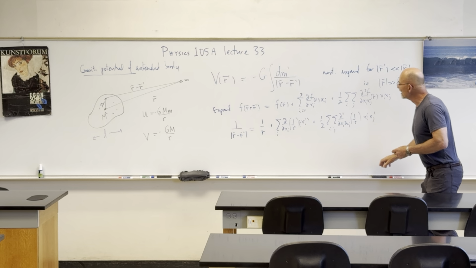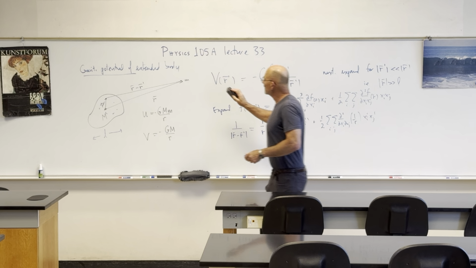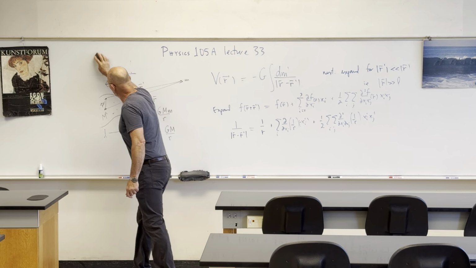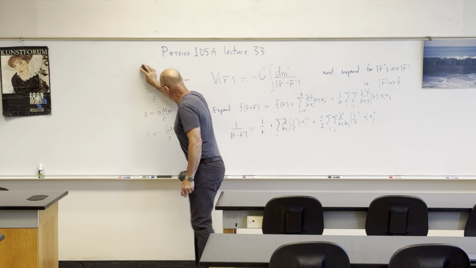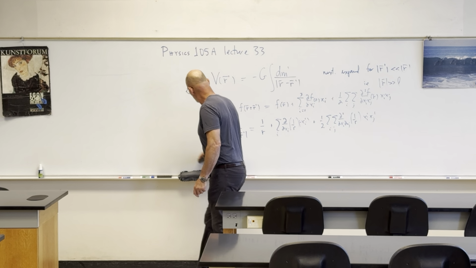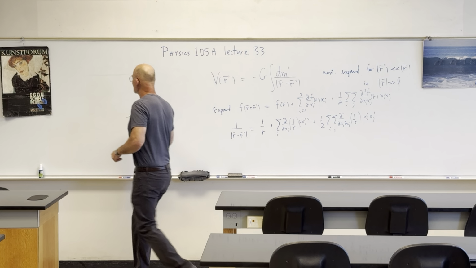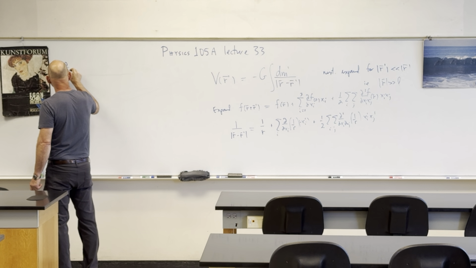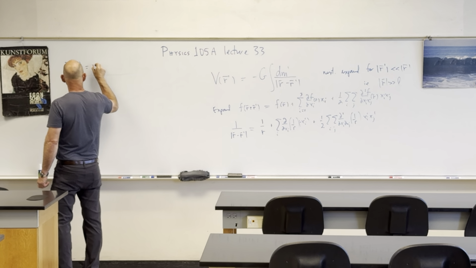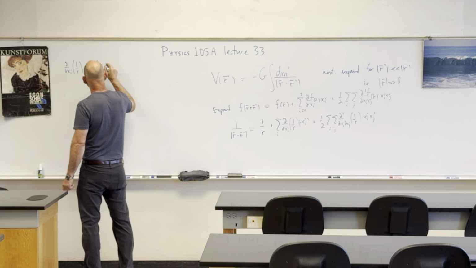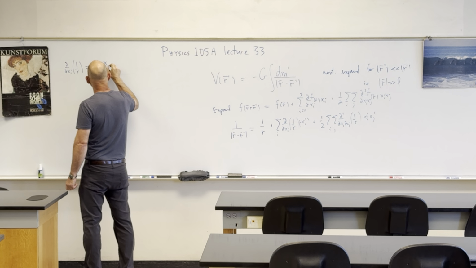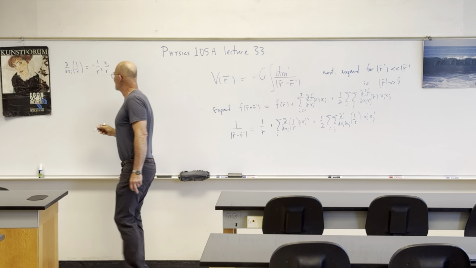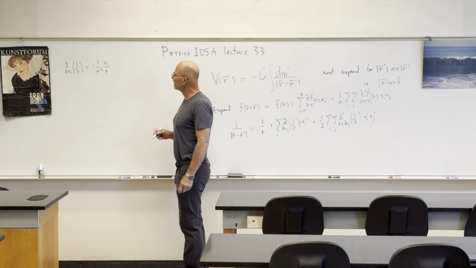So now we can do the derivatives of 1 over R. So now we have d dxi of 1 over R is equal to minus 1 over R squared times xi over R. So that we've done a couple times.